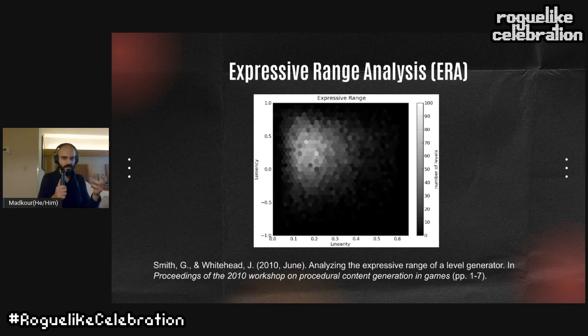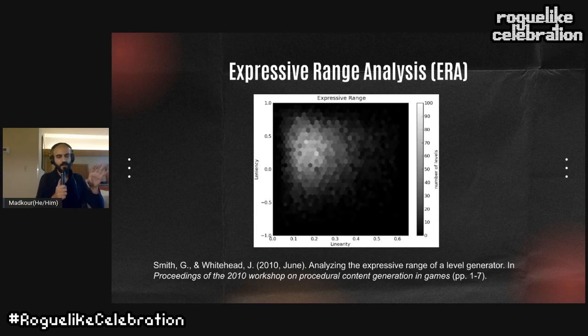But if you have these metrics in this specific plot, linearity and leniency, again, don't worry about what those exactly mean, but some sort of score from 0 to 1 of loosely how linear your level is, or how lenient your level is, you can plot it in a 2D plot, like this heat map, where the darker the cell is, the less content in that specific range of linearity and leniency your generator generates, right?